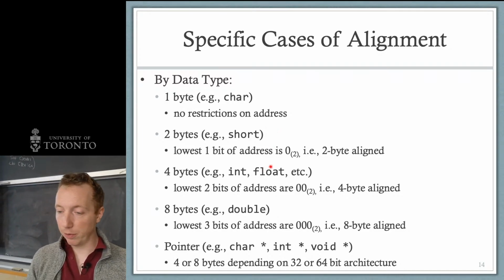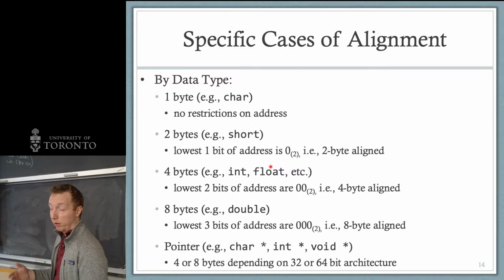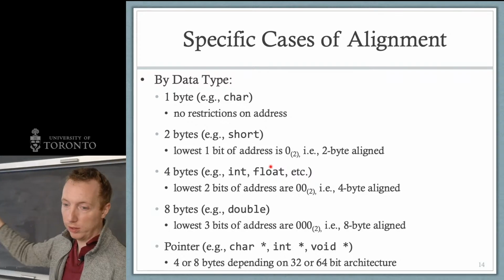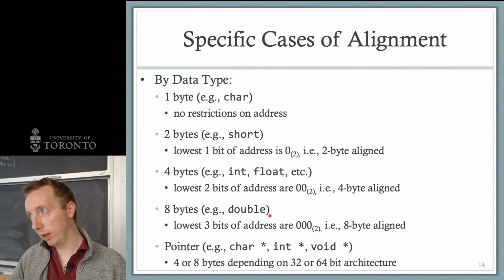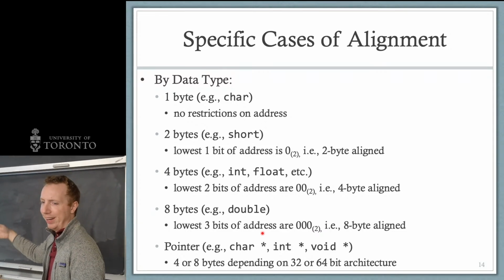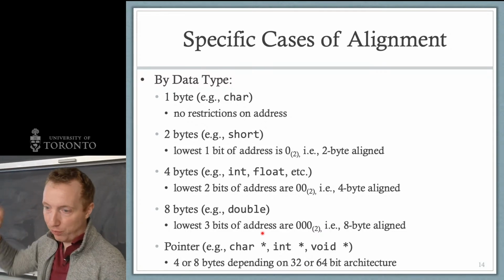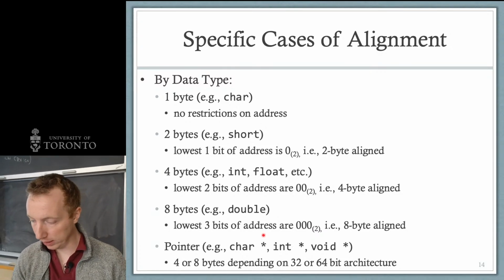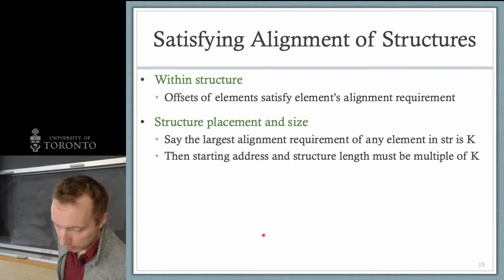For types that are 4 bytes long, it's 4-byte aligned, so the last 2 bits are 0. 8-byte aligned, the last 3 bits are 0. And for pointers, it depends on the size. Nowadays, we're all 64-bit, so they'll all be 8 bytes, so they'll all be 8-byte aligned.